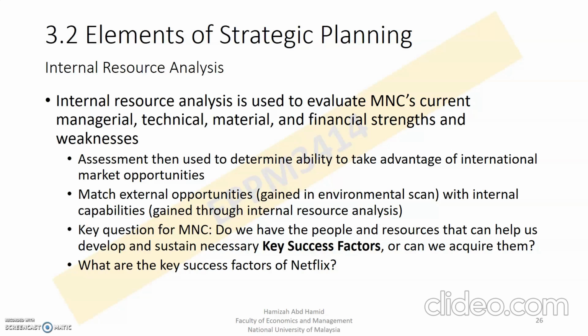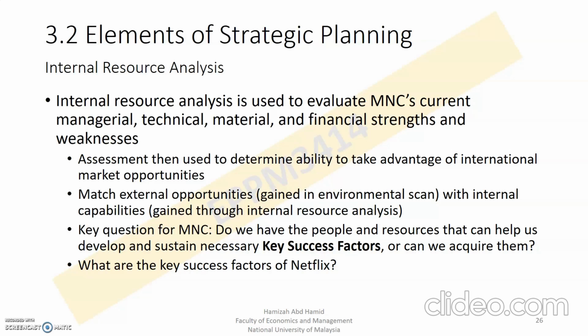The company will match external opportunities, gained in environmental scanning, with their internal capabilities, gained through internal resource analysis. Here, the key question for the multinational company is: do we have enough people and resources that can help us develop and sustain key success factors, or can we acquire them?